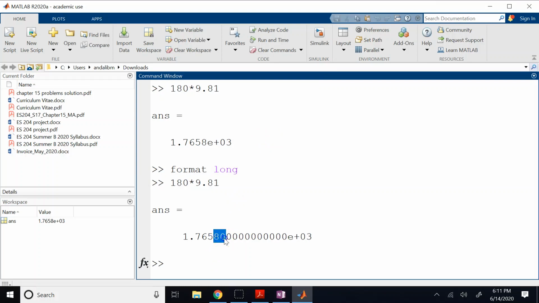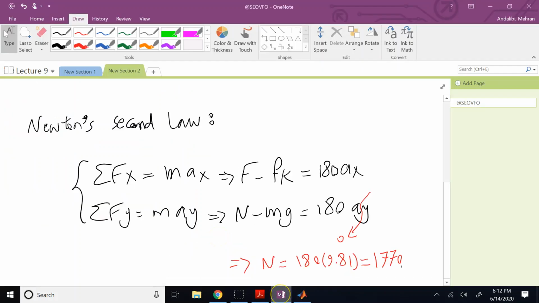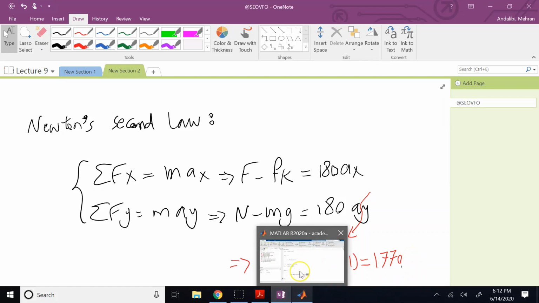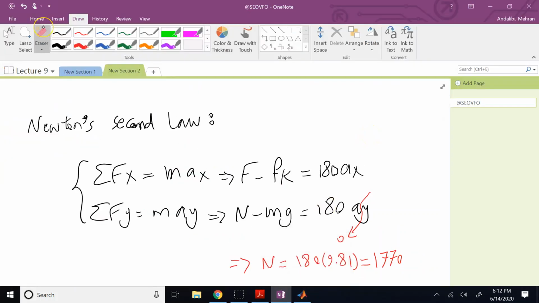And you clearly see the 5th decimal is 0, so if you move this decimal 3 points forward for that 10 to the 3, then you're going to get 80, right? So if I want to write it with 3 decimals, actually it's not 1770, it is 1765.8. That's quite interesting.